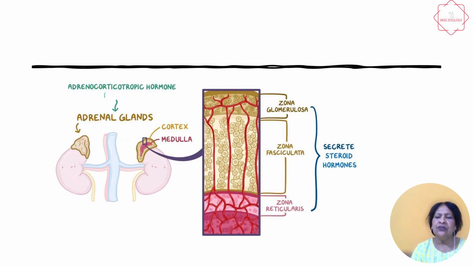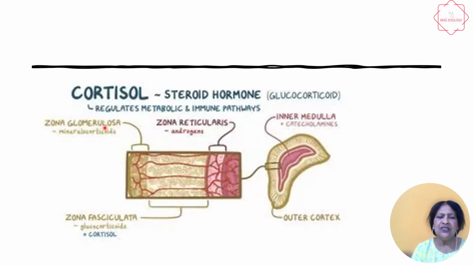That is what has been shown in this image. The next is the cortisol, which regulates metabolism and the immune pathways. We can see the inner medulla and the outer cortex. Once these hormones are getting released in the right amount, the body's immune system starts working most efficiently.